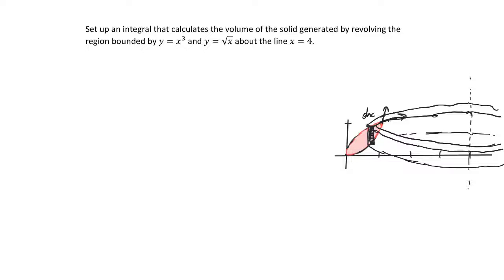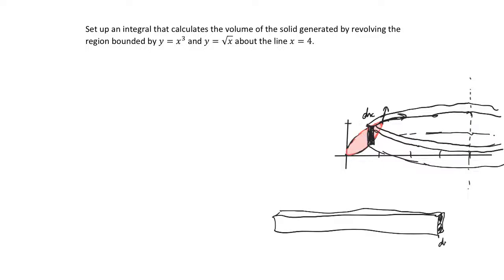We're using shells. With shells, we need to know the thickness, okay? So that's the dx that's there. Again, remember, we're going to end up with some long, thin strip here. This shaded rectangle that we have depicted, one of the dimensions is dx. As before, the height is going to be the difference between the upper function, which is radical x, and the lower function, x cubed.